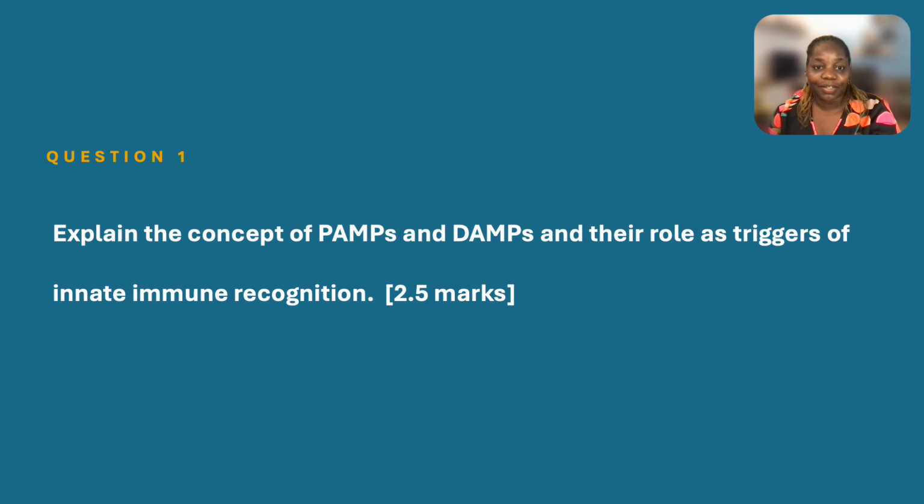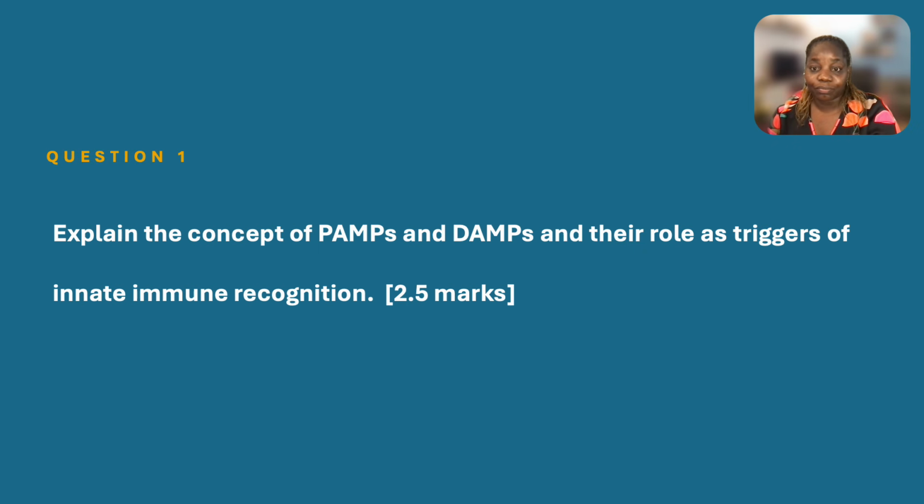Okay, so let's continue. The question says explain the concept of PAMs and DAMs and their role as triggers of innate immune recognition. So students must not only define what PAMs and DAMs are, but you should also explain what they do. That is how they trigger the innate immune recognition.